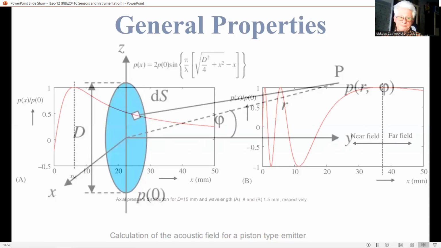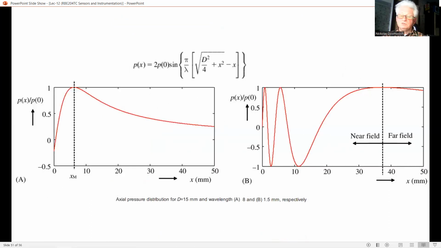For simplicity, we will consider two special cases: the pressure along the main axis of the transducer, in the case where phi equals 0, and the pressure at a distance r far from the center for arbitrary angle phi.